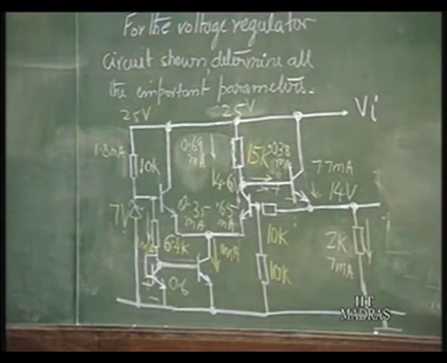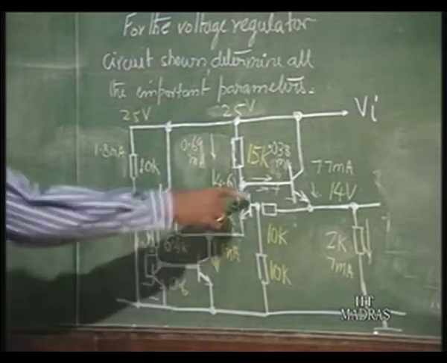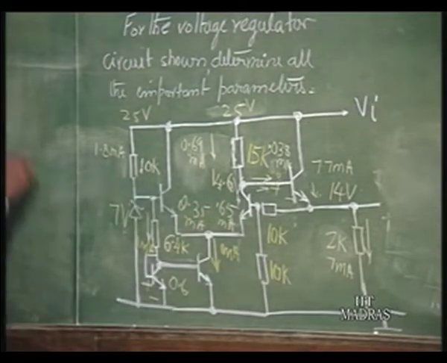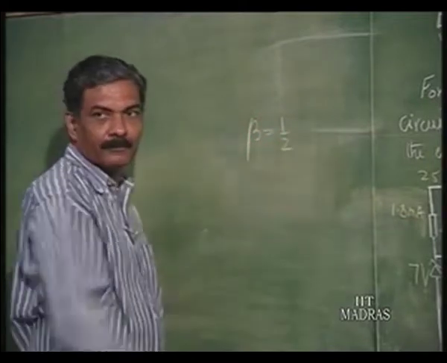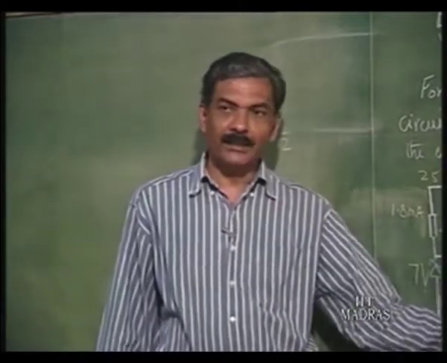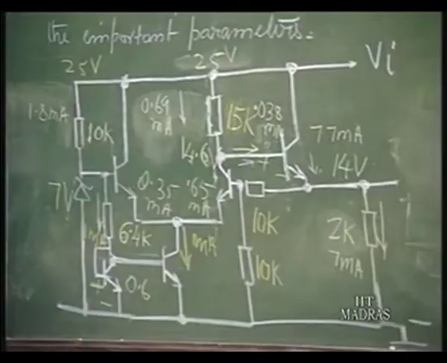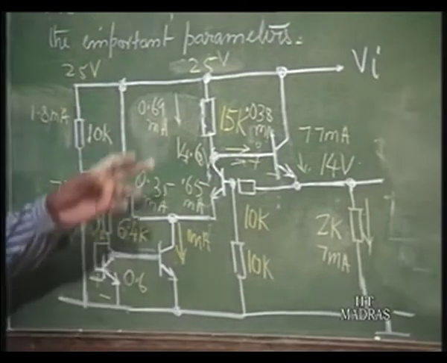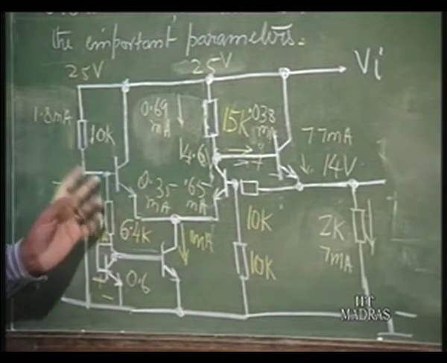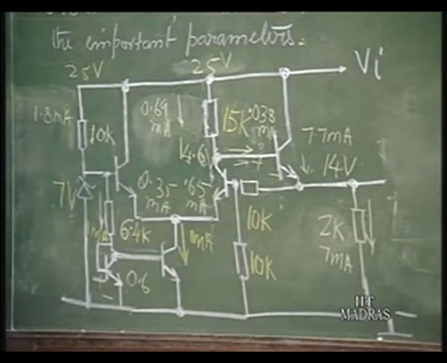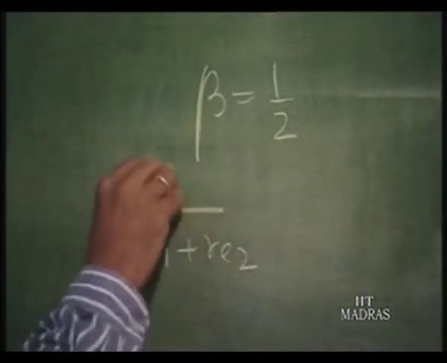Okay. Open loop gain before feedback factor beta in this case is half, 10 K 10 K. Okay. So, R1 by R1 plus R2 is half, and open loop gain is going to be GM. Okay. Now, GM is to be evaluated, RE1 plus RE2, 1 over that is GM.